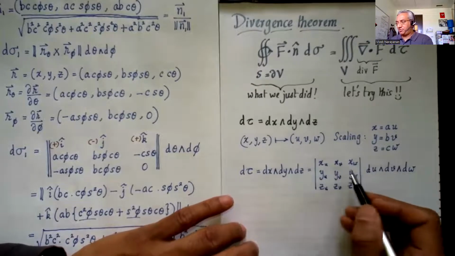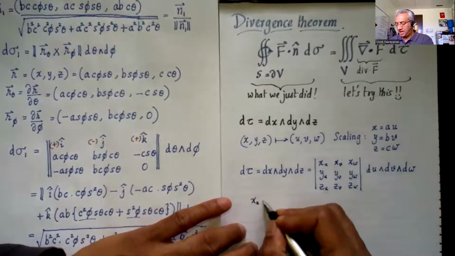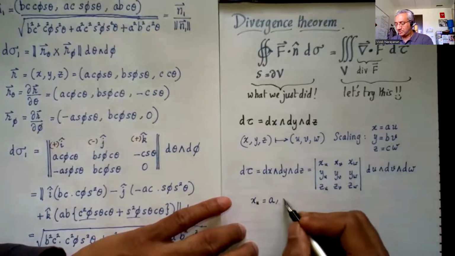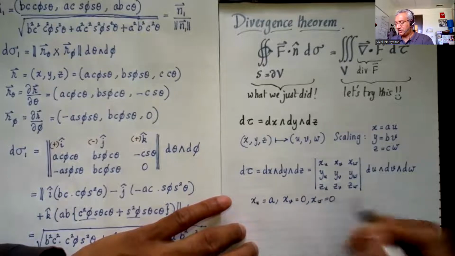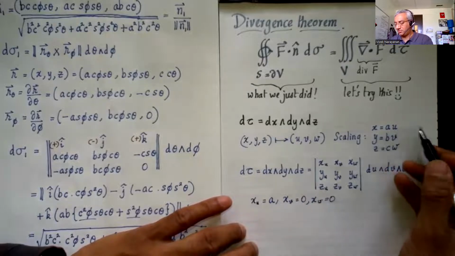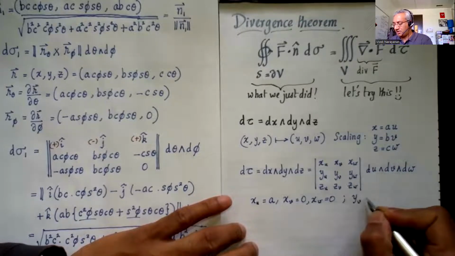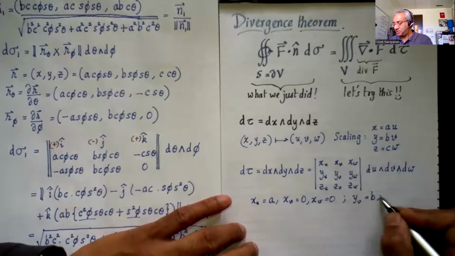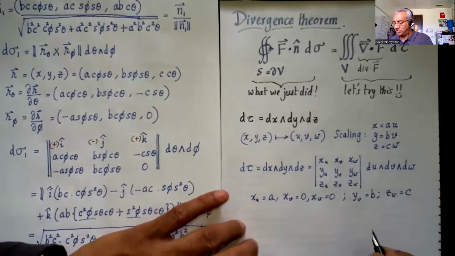Now, these subscripts refer to partial derivatives. So x sub u is going to be a, and then x sub v is going to be 0, and x sub w is going to be 0 because x does not depend on v and w. Similarly, the only terms that survive are y sub v, which is b, and z sub w, which is c. Everything else is 0.